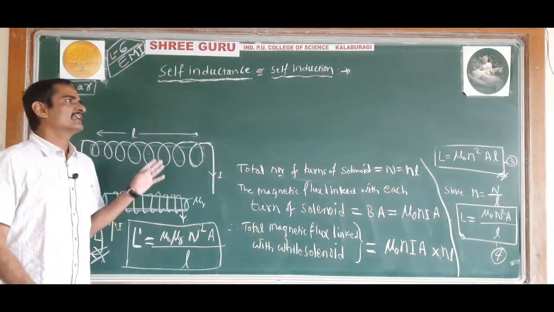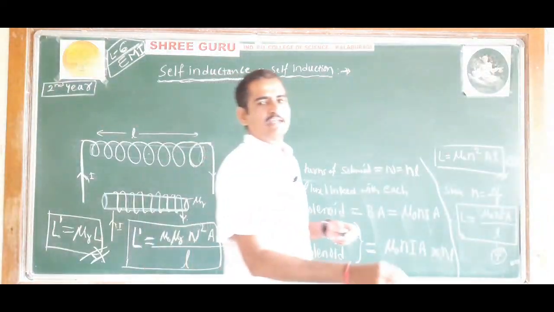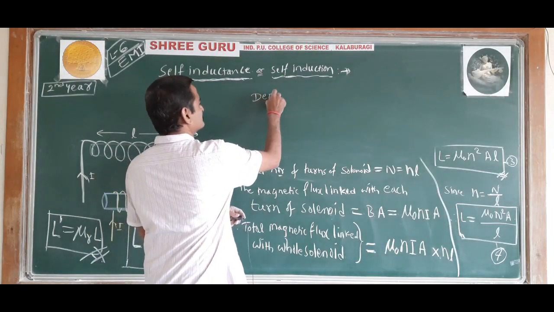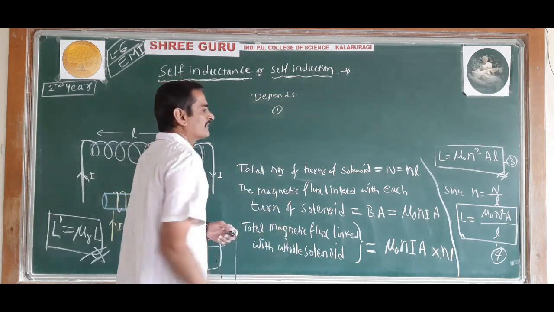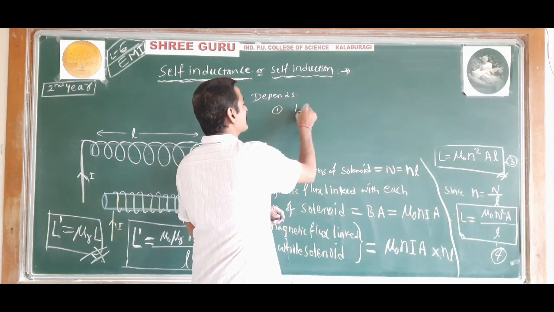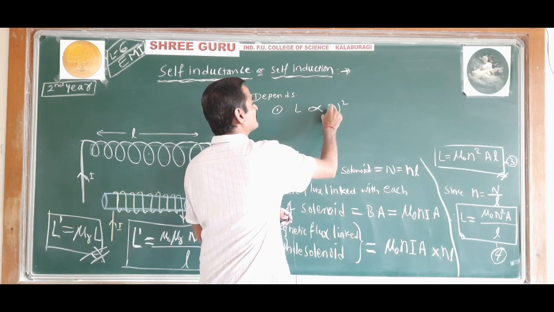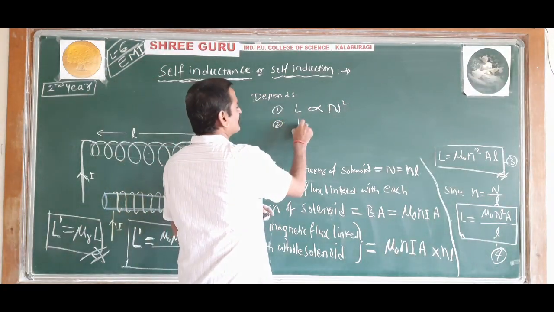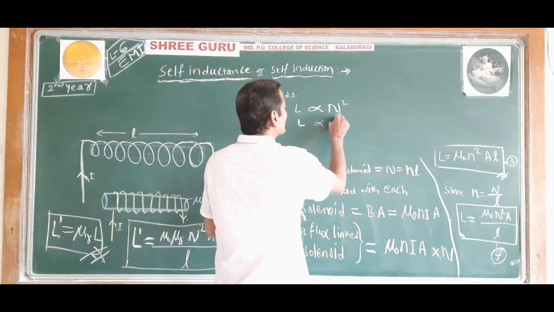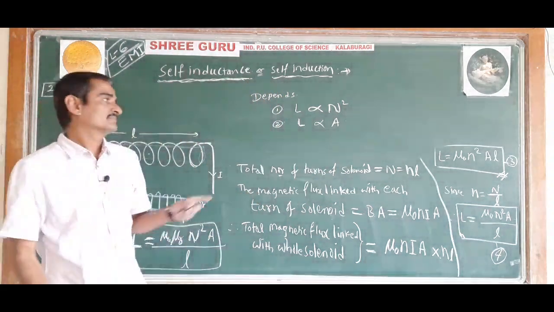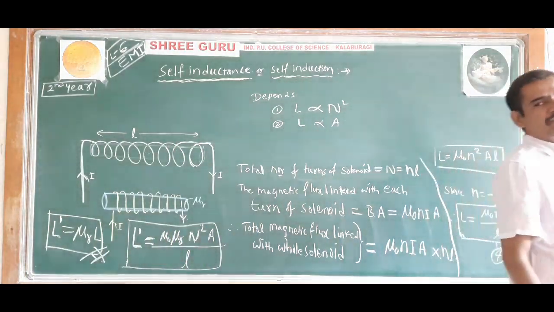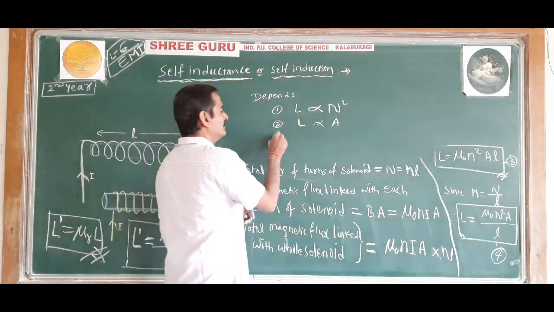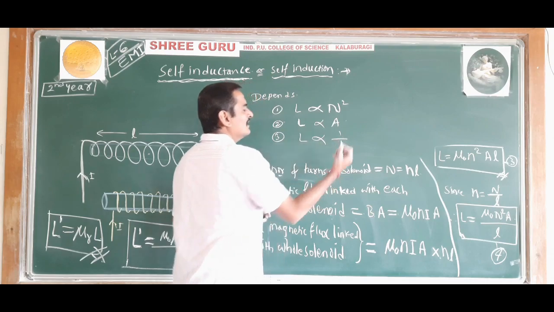Or you can say it depends upon the total number of turns in the coil, the cross-sectional area of the coil, and the length of the coil.